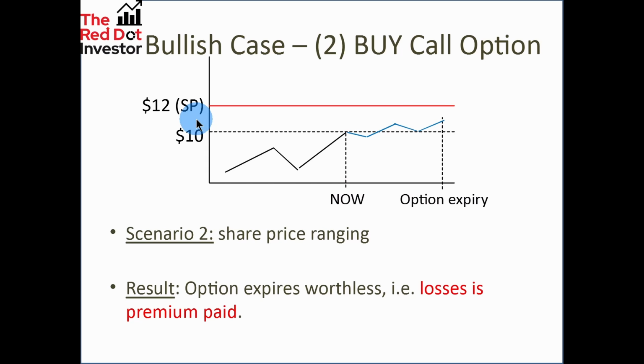Now we come to scenario 2, whereby the share price is ranging. So again, ranging means the share price is moving around the same price range. And the result is the option will expire worthless because I don't get a chance to exercise it as a buyer, and the loss that I'll incur is the premium that I paid upfront for the option.